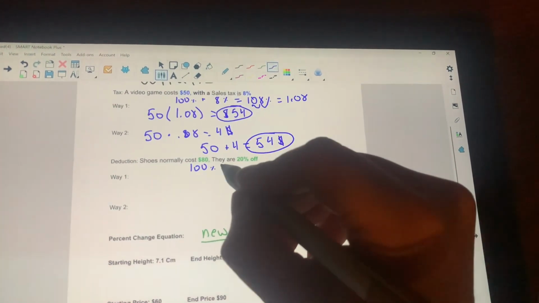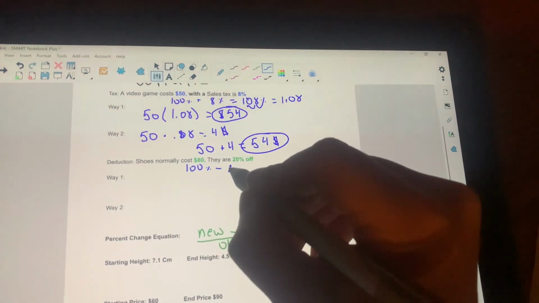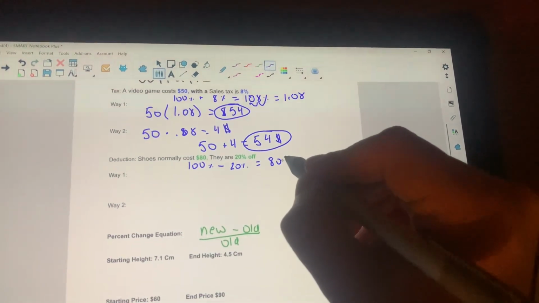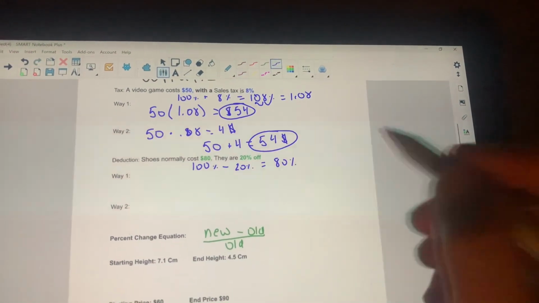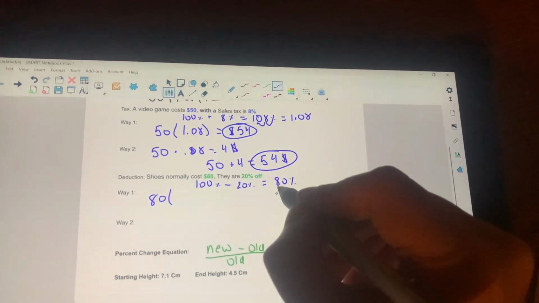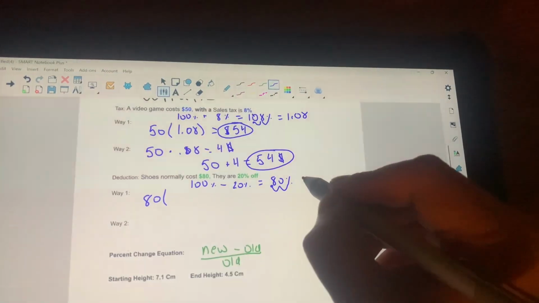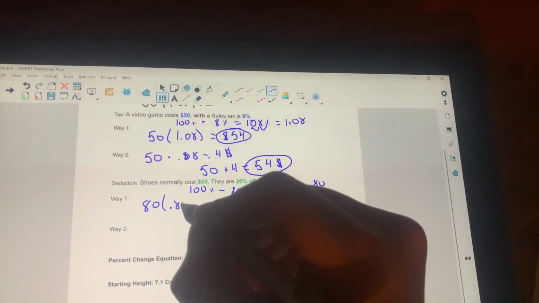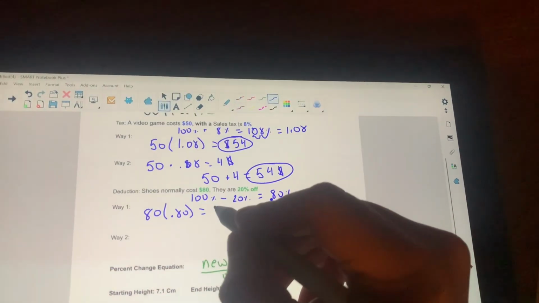So I'm going to do 100% minus 20% because I get 20% off. That means I have to pay 80% of the value. So now I'm going to take the original cost, multiply it by the decimal I found. So move that over. That is 0.80. So 80 times 0.80 equals $64.